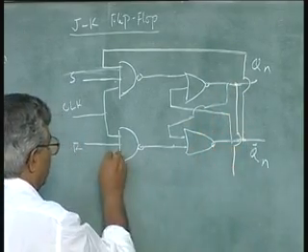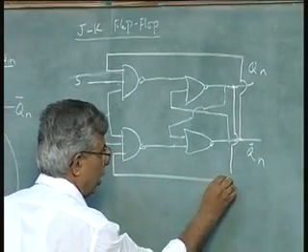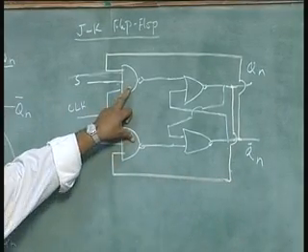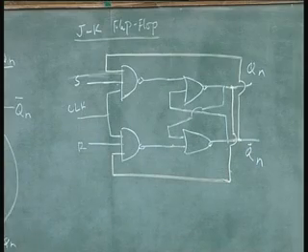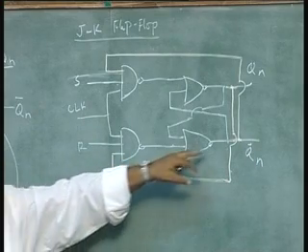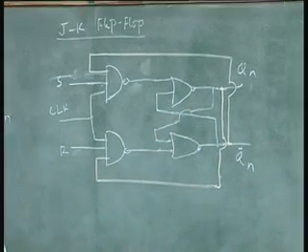That means I am making these 2 input NAND gates into 3 input NAND gates, with an extra input derived from the feedback of the output of the flip flop.